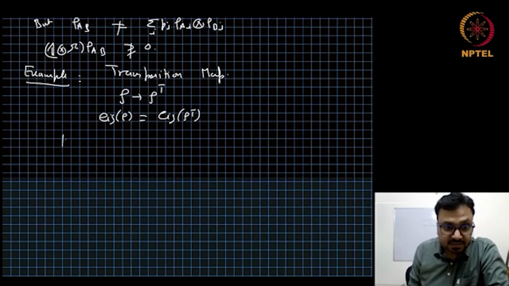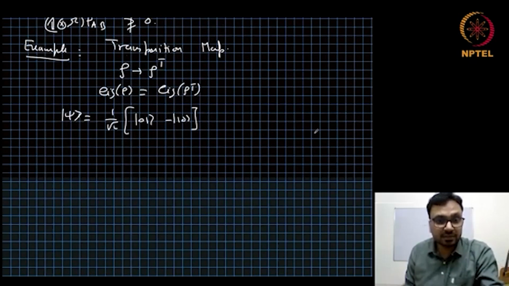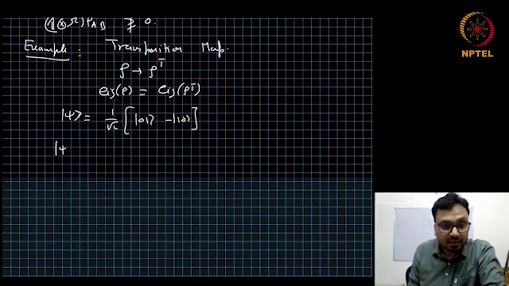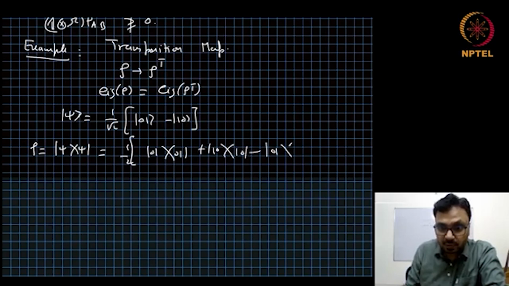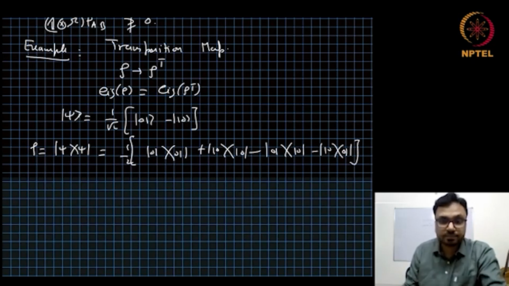But now consider a state psi, which is 1 over root 2, (01 minus 10). This is the singlet state, and psi outer product psi, which is the rho, will be 1 over 2, (01)(01) plus (10)(10) minus (01)(10) minus (10)(01).